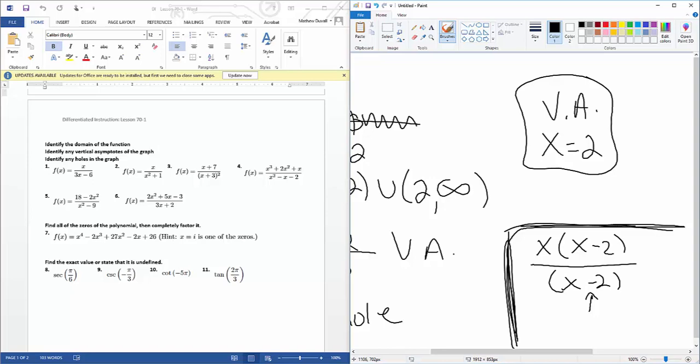But notice how they cancel out. Well, if they cancel out like that, then I know that that's going to be a point of discontinuity or a hole. And so I would say a hole at x equals 2. Now another way of thinking about it is if you plugged in 2, you get 2 times 0 over 0. Well, that's 0 over 0. That's the indeterminate case. That tells us that it's going to be a point of discontinuity.